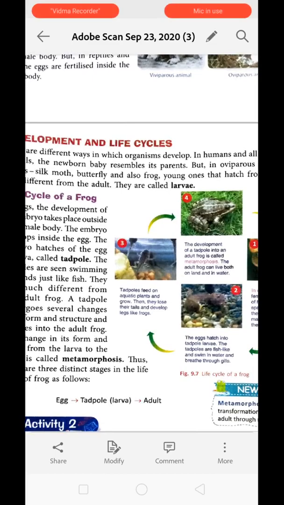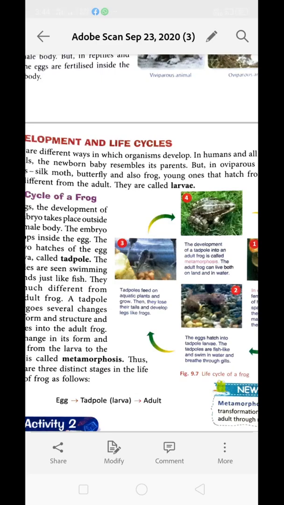Larval stages are not found in viviparous animals. Why? Because the child is growing inside the mother's body, and whatever nutrients it needs are provided by the mother's body. But in the case of an egg, the case is a little bit different. Why? Because the egg has yolk inside it to support the development of the child.